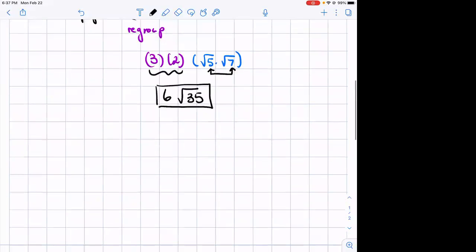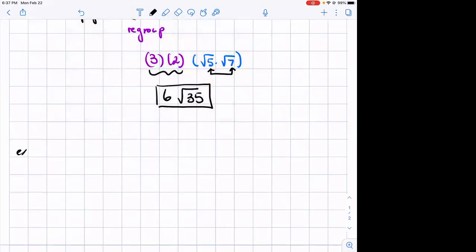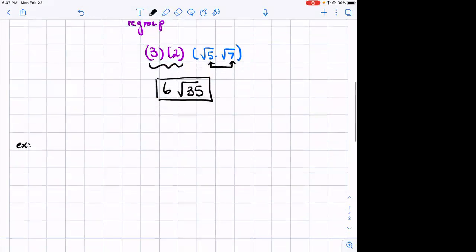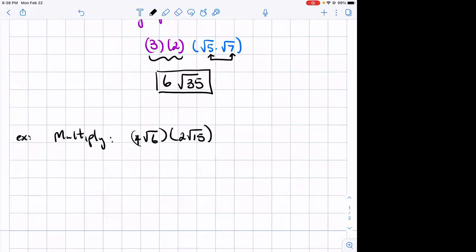Let's look at another example, where we have to multiply 4 square root of 6 times 2 square root of 15 times 3 square root of 10.